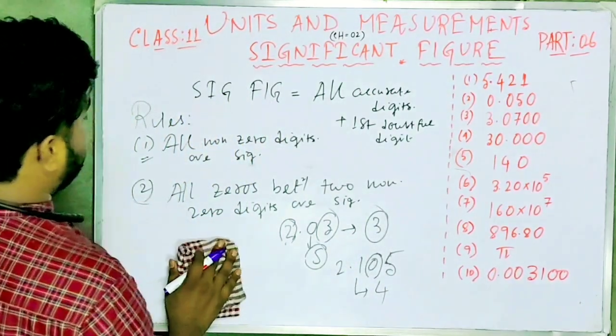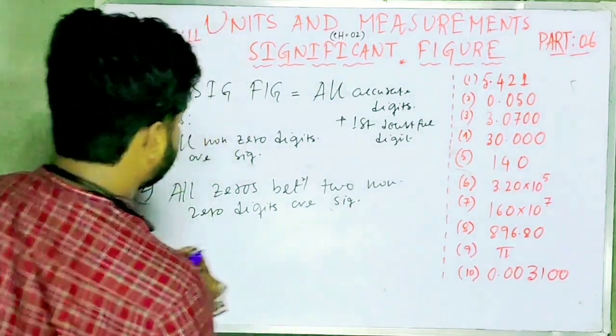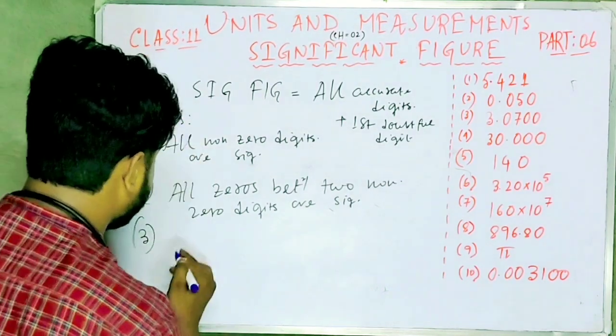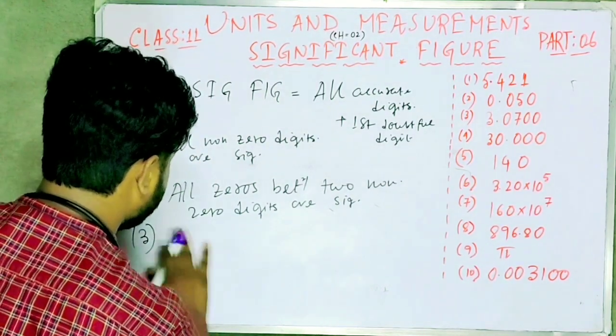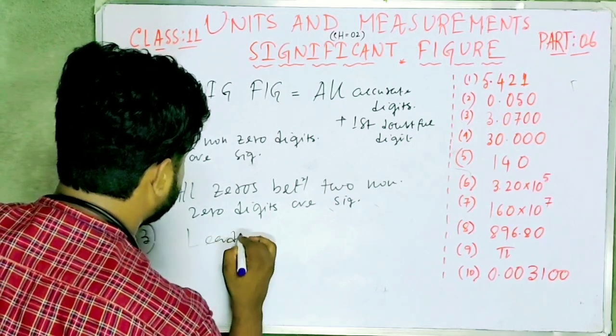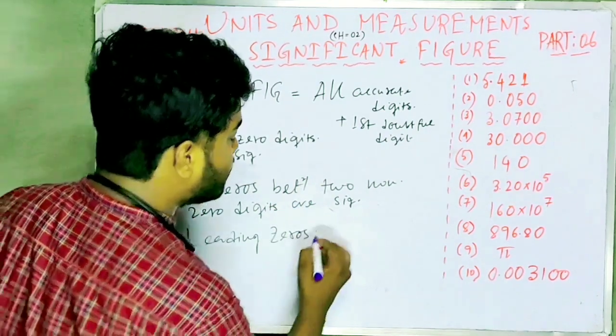Now let's take rule number 3. Rule number 3: leading zeros are never significant.